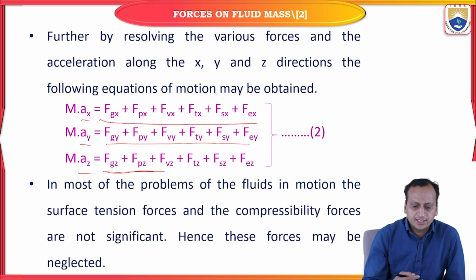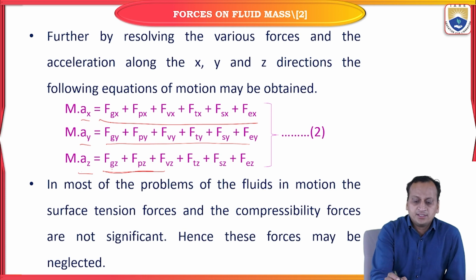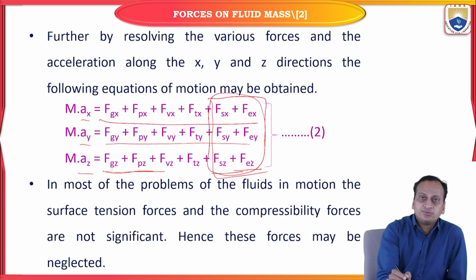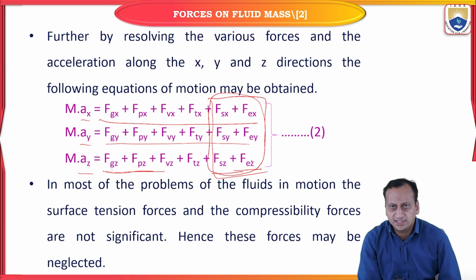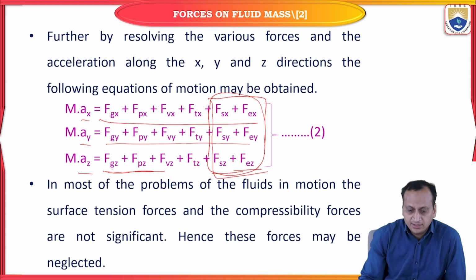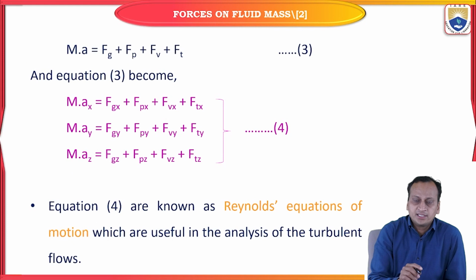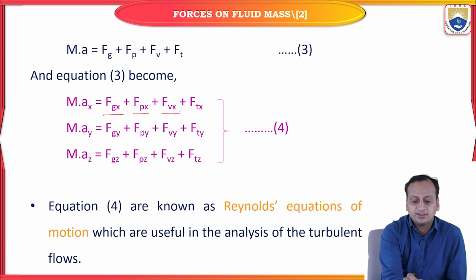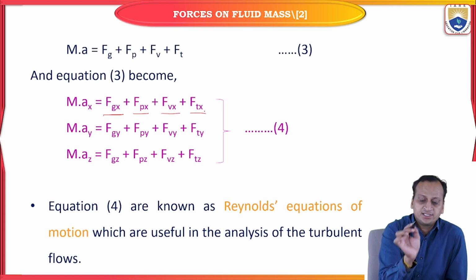Suppose in some fluid flow problems the force due to compressibility and the force due to surface tension are insignificant. If these 2 forces are eliminated from equation 2, the remaining equation is a summation of gravity force, pressure force, viscous force, and turbulence force.